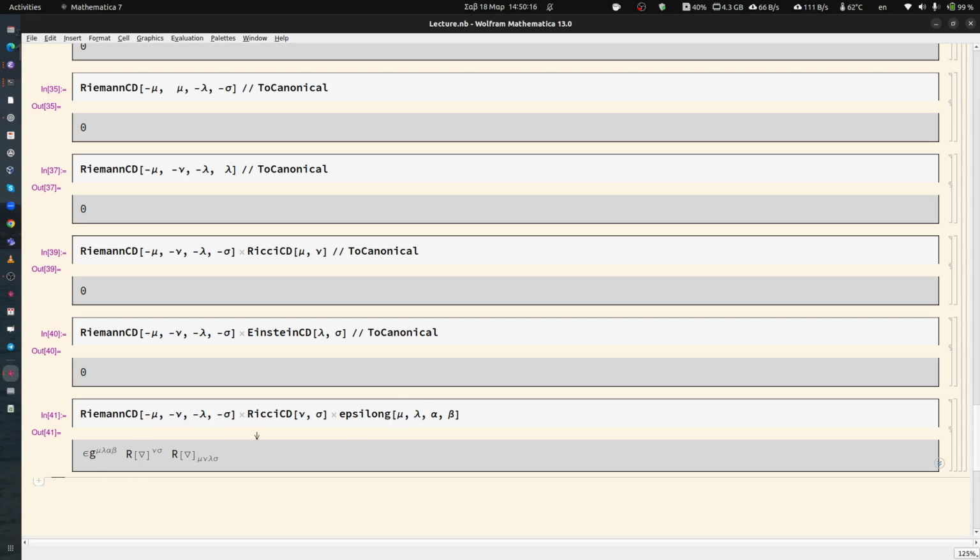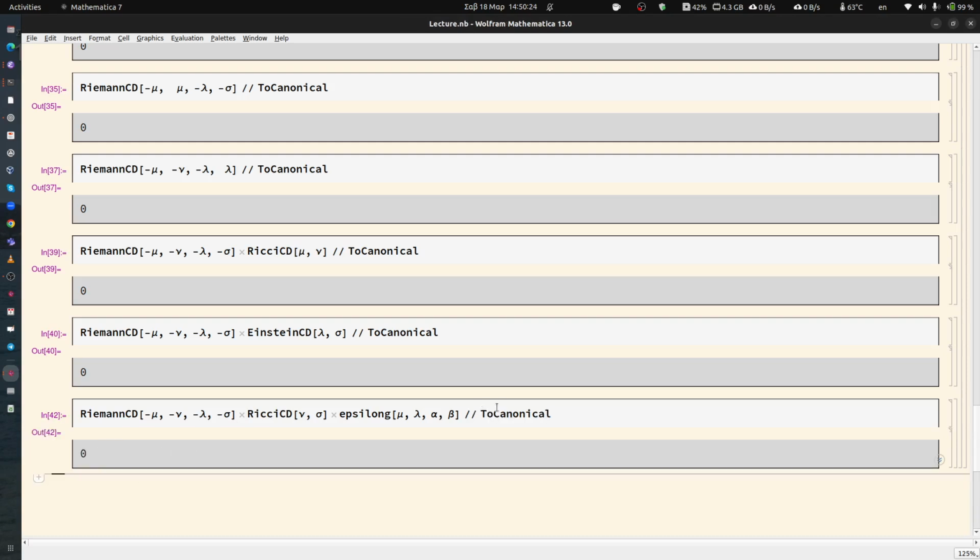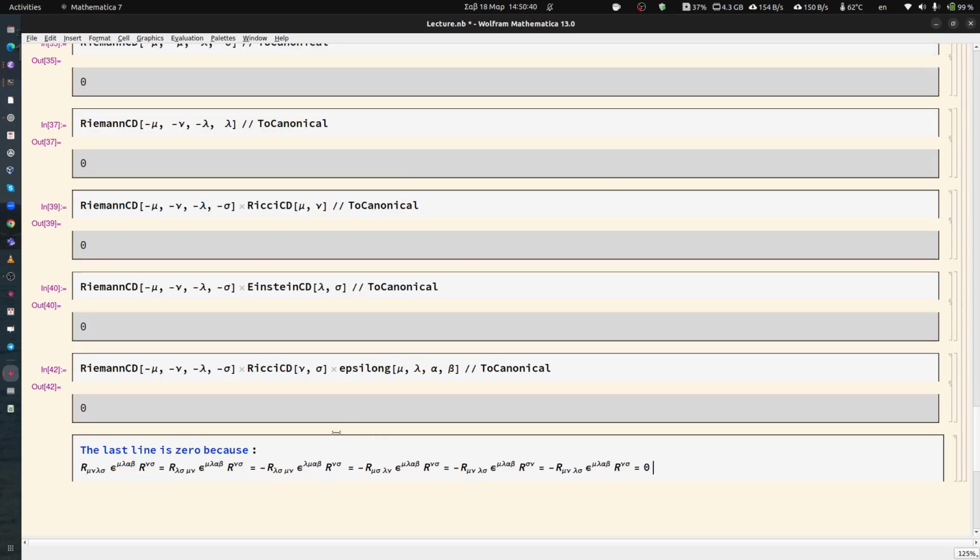Now we obtain this expression. You see that this expression is equal to 0. Now, why is it equal to 0? Well, you can take some paper and a pencil and show that indeed this is equal to 0.